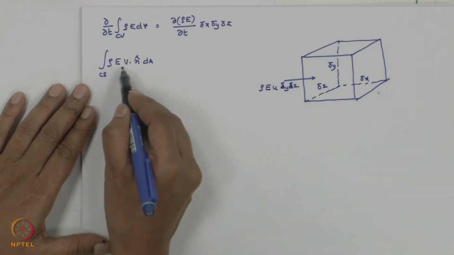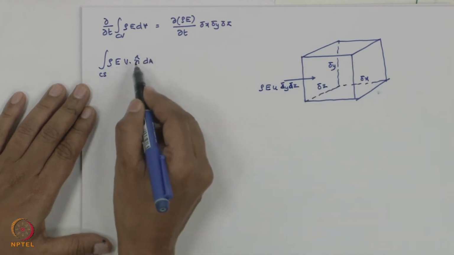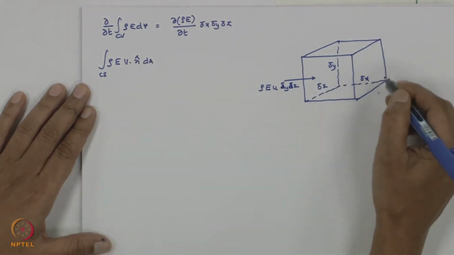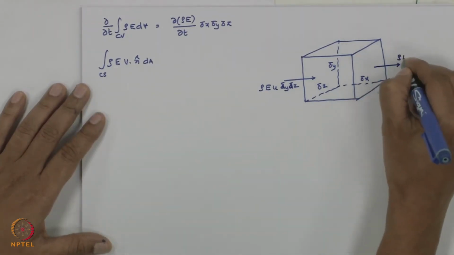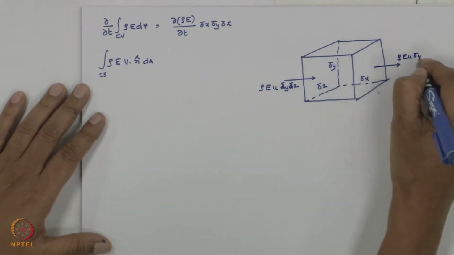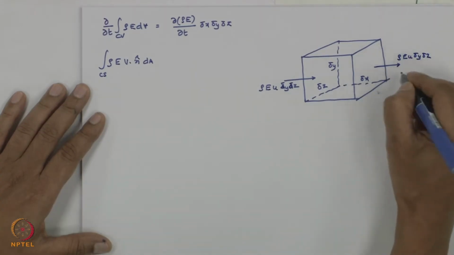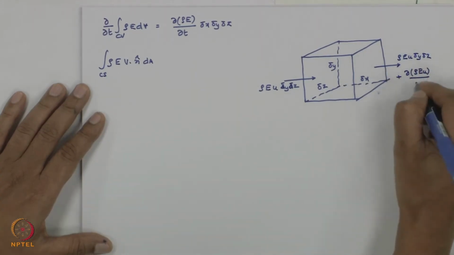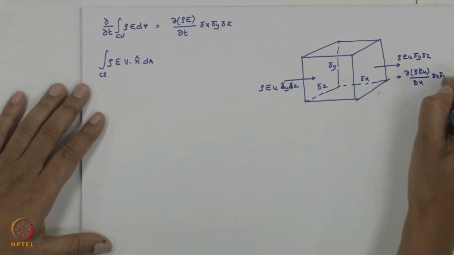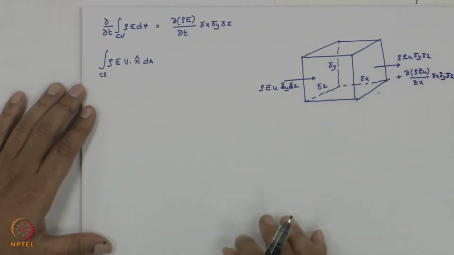Is that okay? ρEU·N dA. Minus, plus, we will come to that a little later on. What is getting out is ρEU Δy Δz plus ∂(ρEU)/∂x Δx Δy Δz. That's about the x direction.